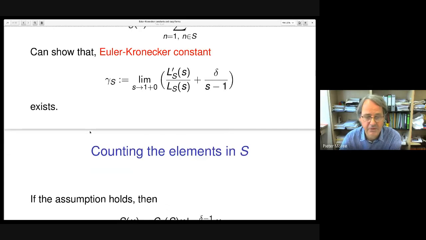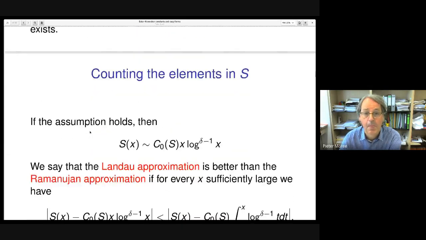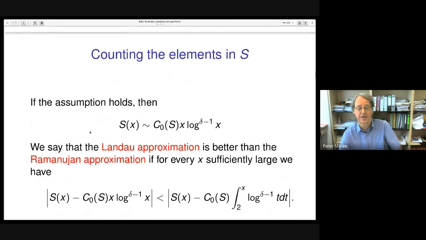Okay, so this is the general Euler-Kronecker constant idea. And under the conditions on S, what you can show is that the counting function, now we're counting all the elements in S, so in the first example, it would be all the integers n that can be written as a sum of two squares. Then one can prove that there is an asymptotic of this form.